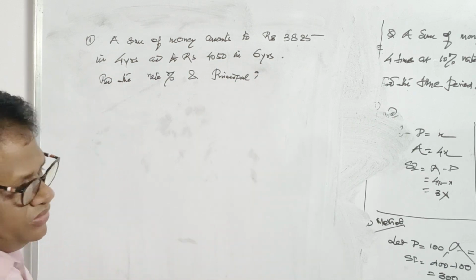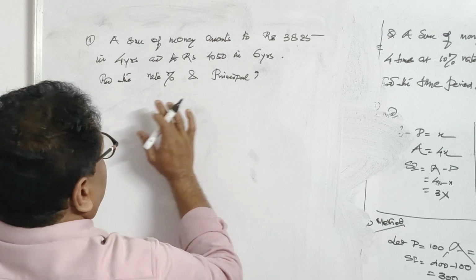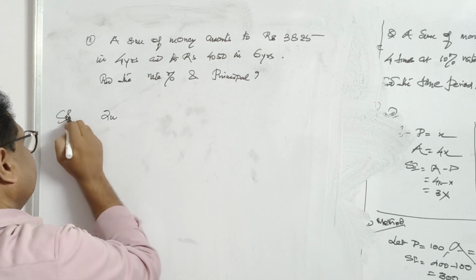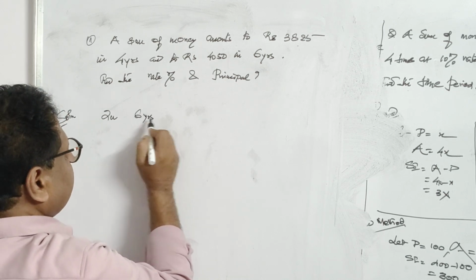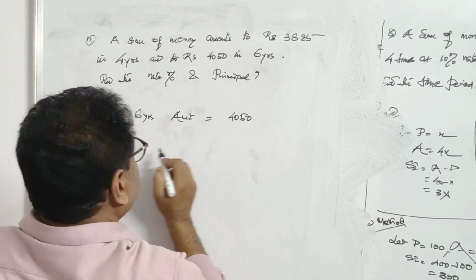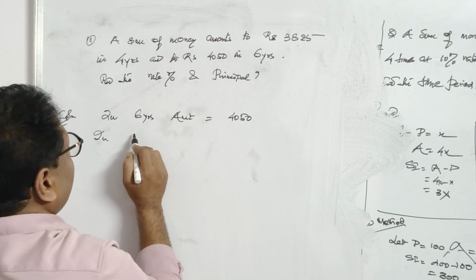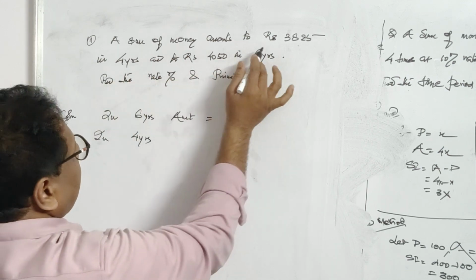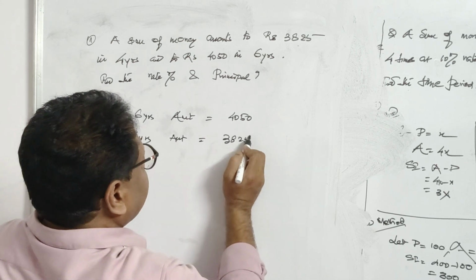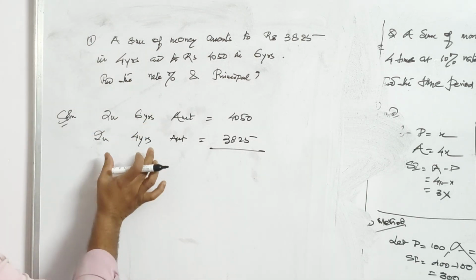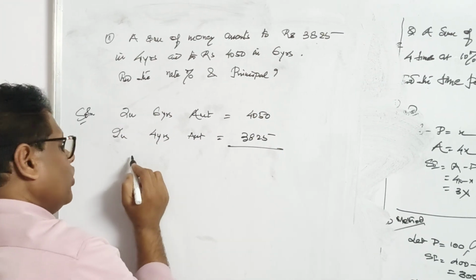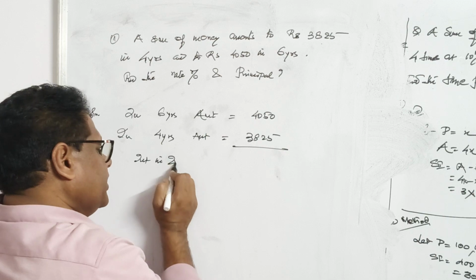See, in such questions you have to take the higher amount above. That means in 6 years the amount is 4050, and in 4 years the amount is 3825. So in 2 years the person has paid an extra amount, that is in the form of interest. So what is the interest in 2 years?